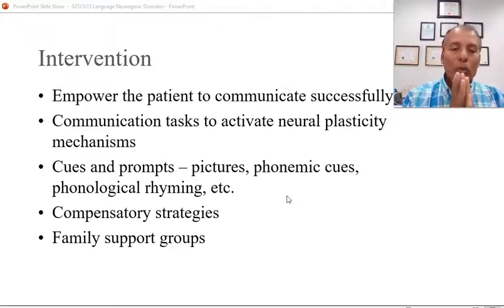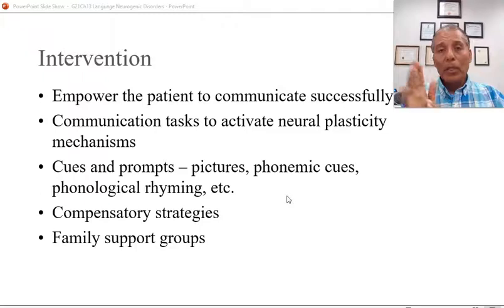These cues or prompts can be using pictures, or giving a tip, like a sound. The person's trying to recall something, say burger, and they can't. And then you might say, simply closing your lips and looking at them. They might get the cue.